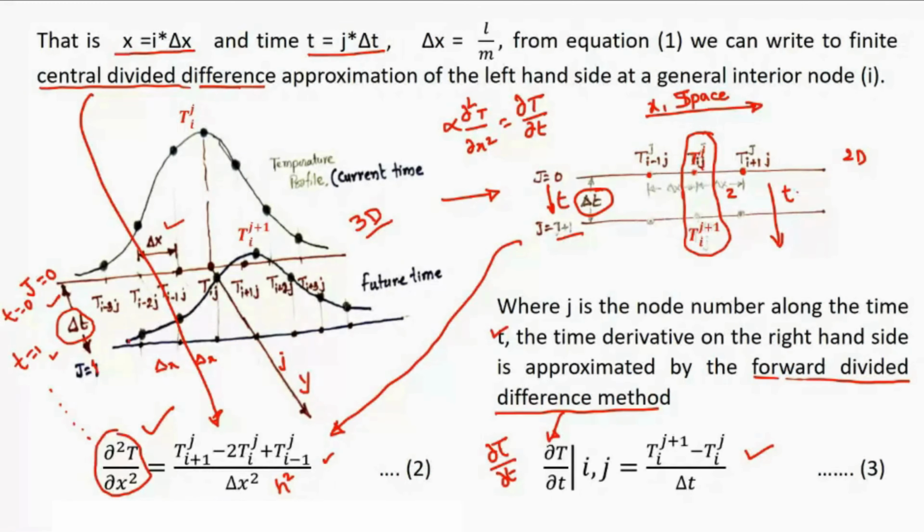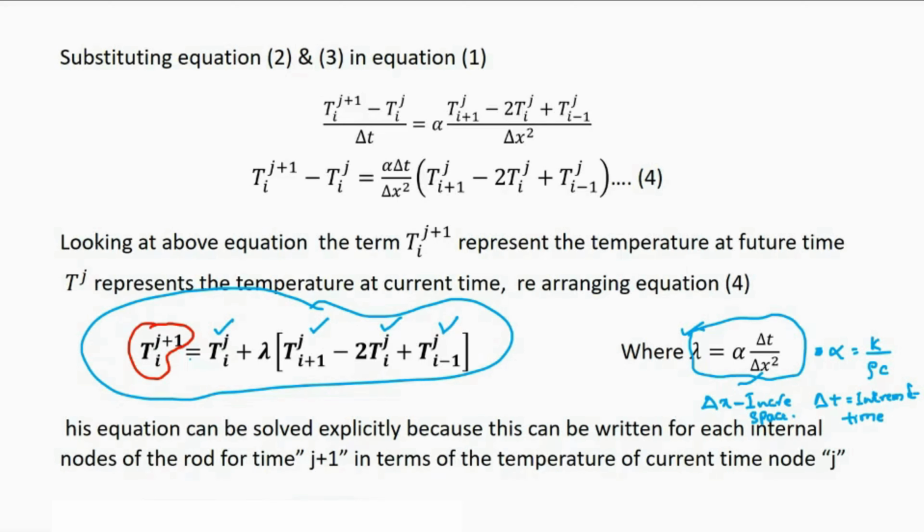By knowing these temperature states, you can compute the temperature at the new location, or the temperature for internal nodes of the rod for time period j plus 1 in terms of temperatures of the current time node j. So this is the theory.